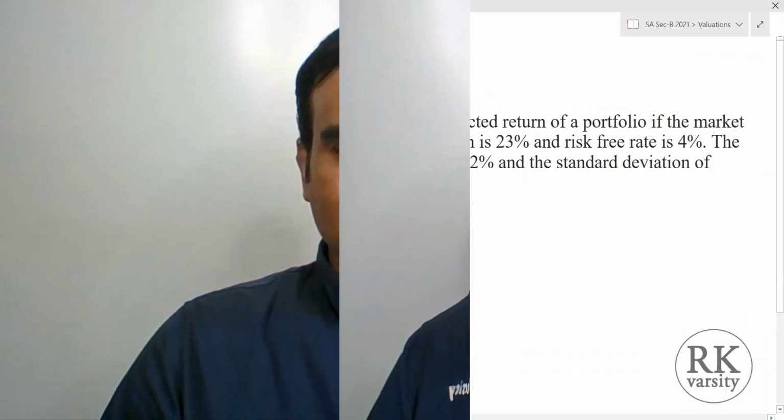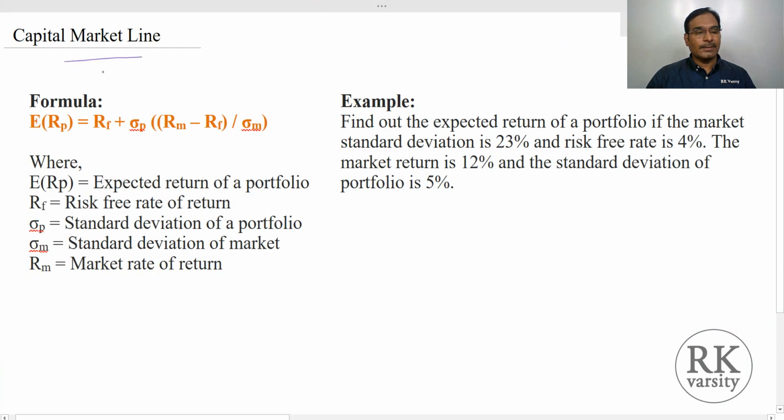Now I'll take you to my OneNote where I explain the formula of a capital market line, and I also solve an example and show you how to determine the expected return of an optimal portfolio using a capital market line. Here is the formula: the expected return under a capital market line is the risk-free rate plus the standard deviation of a portfolio, times the return on a market minus the risk-free rate, divided by the standard deviation of a market.